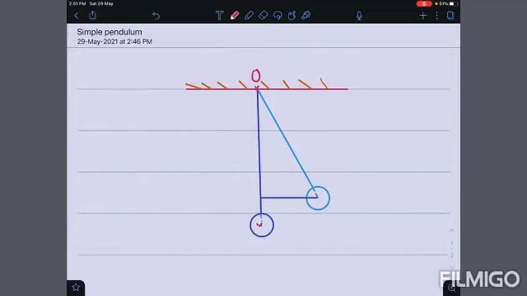So coming back, the center of suspension is O here. Then the center of mass is down here, which we call the center of oscillation too.